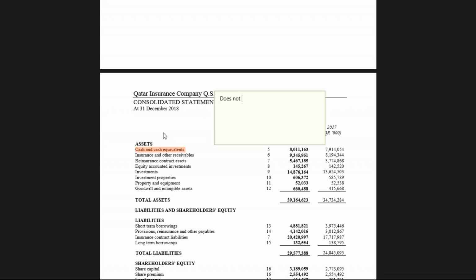Does not come under IFRS 9 since it is not an outstanding receivable asset.